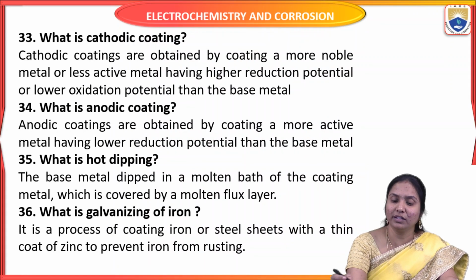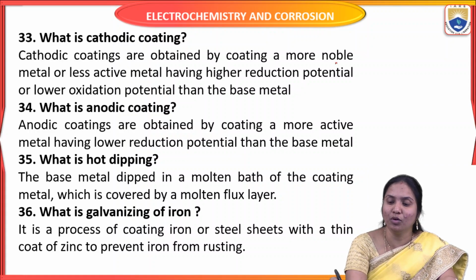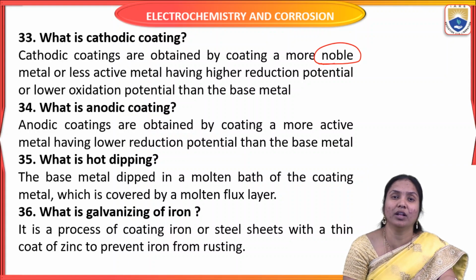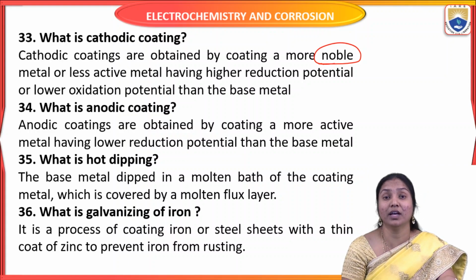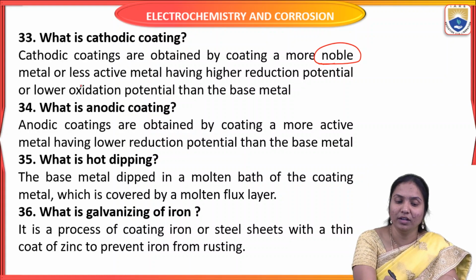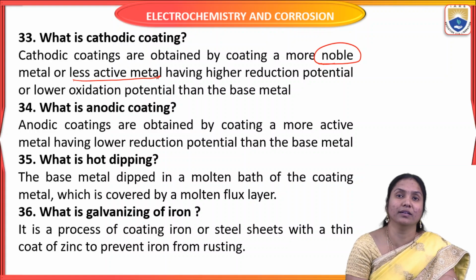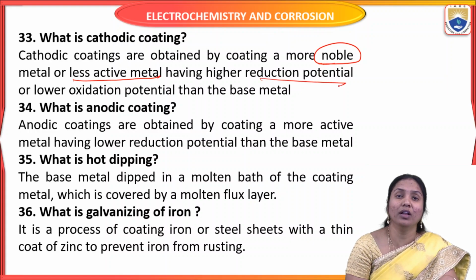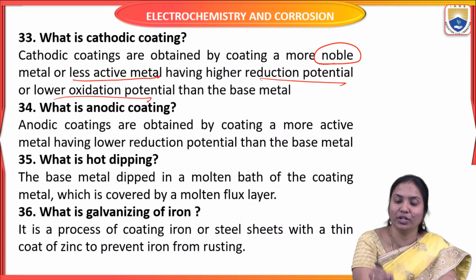Cathodic coatings are obtained by coating more noble metals, such as silver, platinum, or otherwise high corrosion resistance metals, or less active metals having high reduction potentials or lower oxidation potential than the base metal.